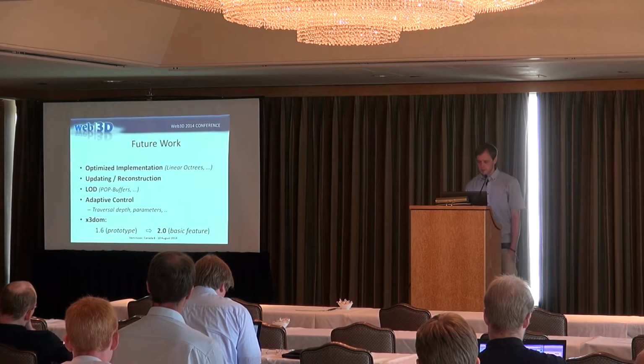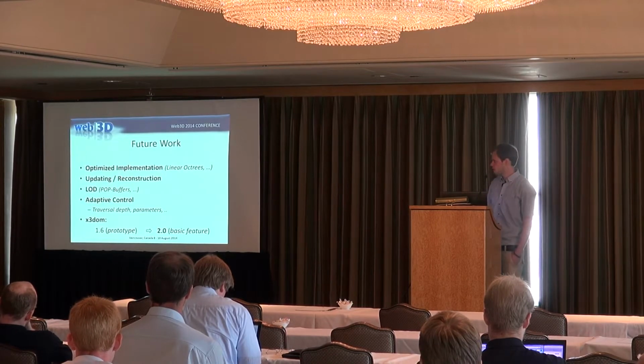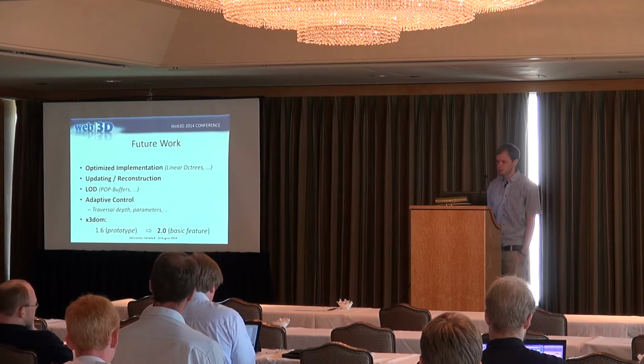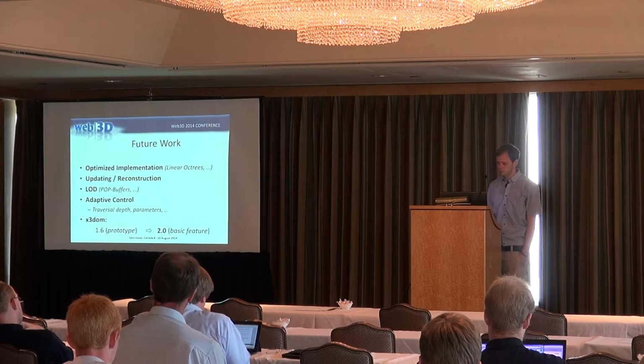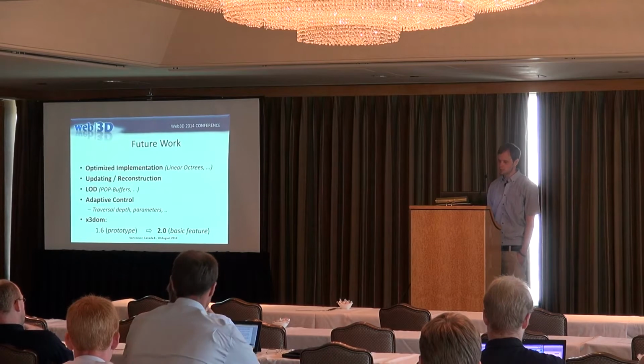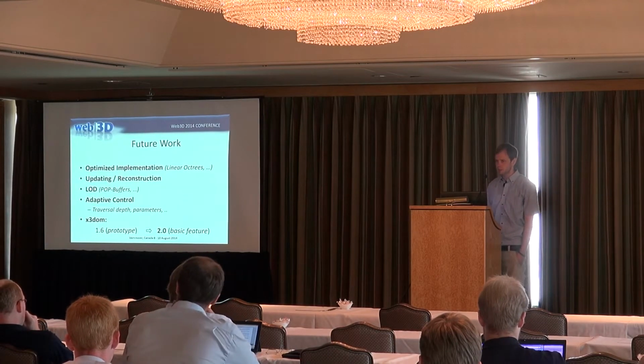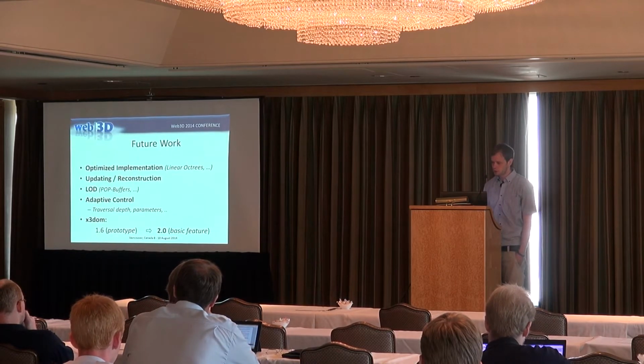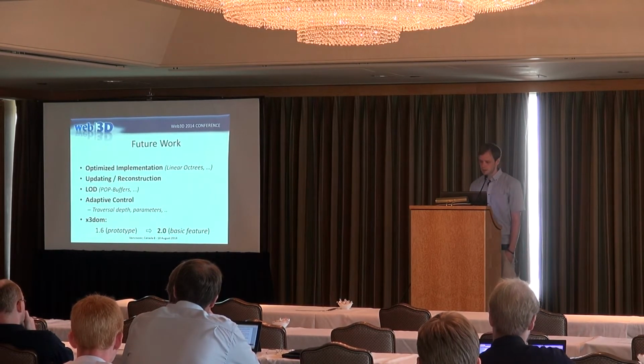Future work: we're looking into optimized implementations, because at this point, to ideally compare the different structures, we used the same node representations for both data structures. We didn't look into updating or reconstruction of the data structures yet, nor heuristics on when to do so.